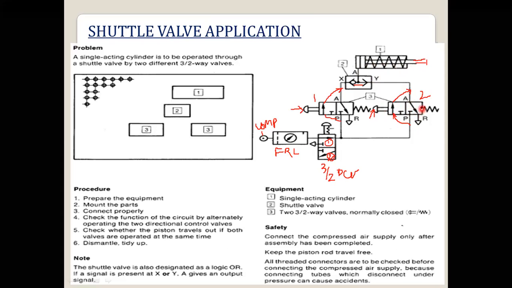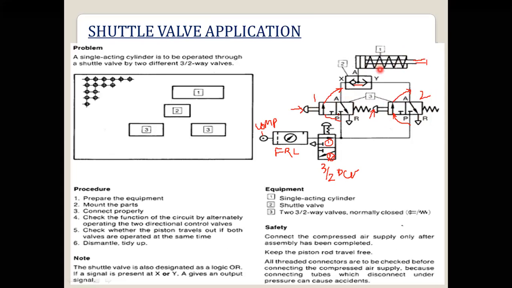After cylinder extension, when I release this button, it will be at this position only. So the air will come from A to Y, then Y to the A port of DCV2, then to the R. In this way, alternately I can use DCV1 and DCV2 for the operation of the single acting cylinder.